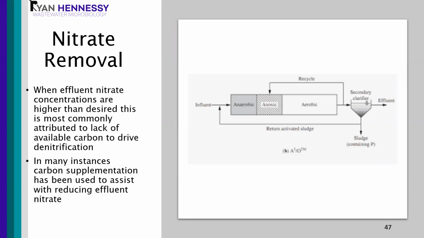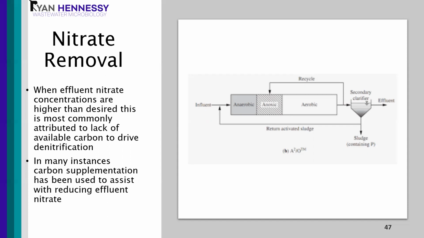So basically, if you're looking at the schematic here, if most of the food from the influent is depleted in the anaerobic zone, where the PAOs are storing and getting a competitive advantage, if there's not enough food to drive that ORP in the anoxic zone, then you can have a condition where there's just not enough food to drive that ORP low enough in order to remove the amount of nitrate that you would want.